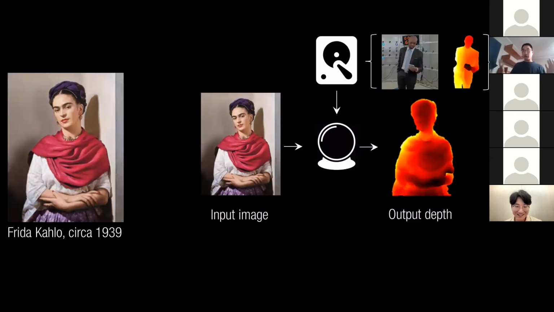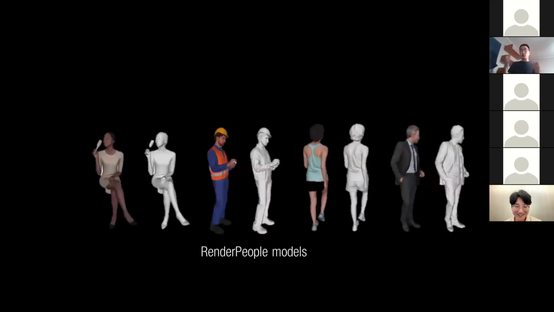To train the neural network, of course, we need a lot of data instances. I need image and depth pairs, so that we can teach the neural network to perform this task. So where do we get this data? For the human case, one source of data can be 3D scanned human models.